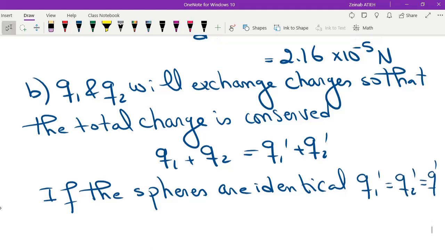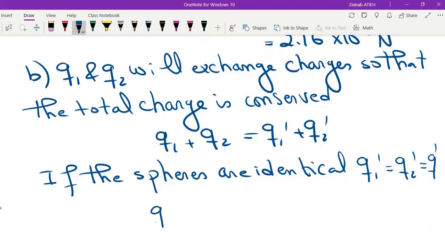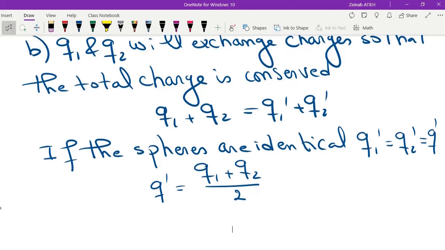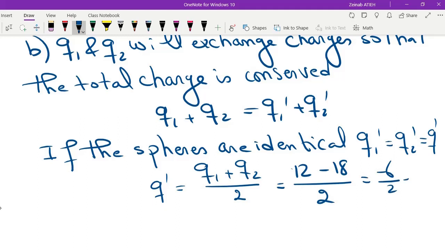Okay, so Q prime is equal to Q1 plus Q2 over 2, which means that each one of them will take half of the charge, half of the total charge present. In our case, the first had 12 and the second minus 18. I add them with the signs, I keep the signs. Okay, over 2, I get minus 6 over 2, which is minus 3.